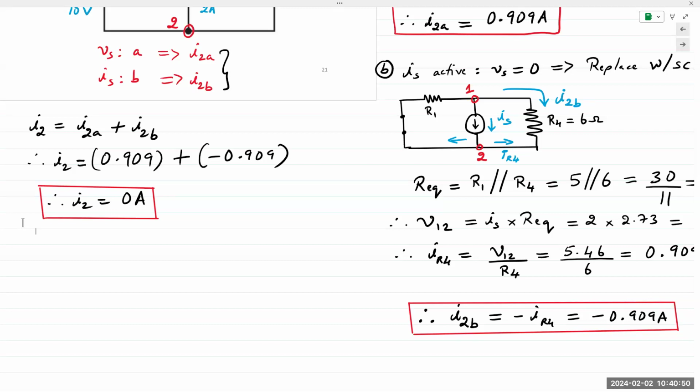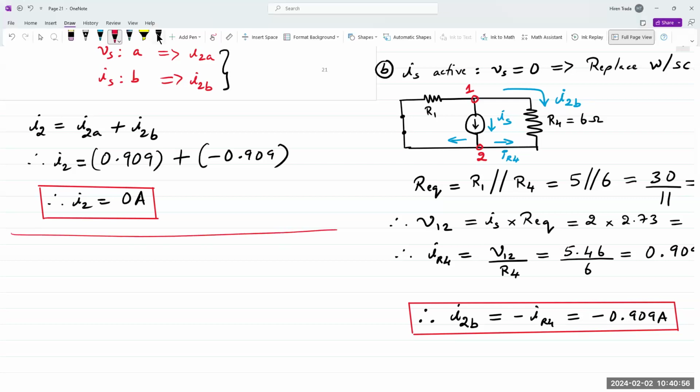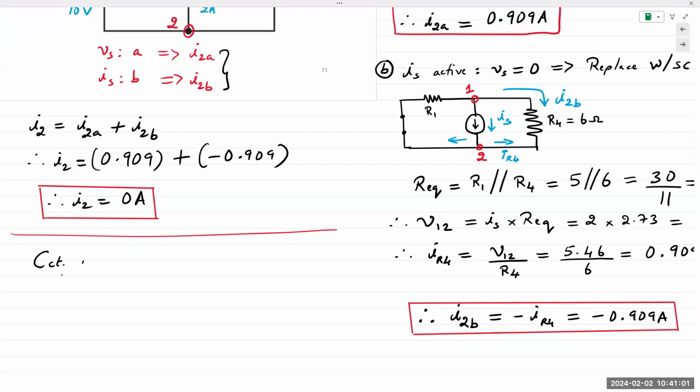All right, one final thing to show was the current division. So if I was to solve I2B using current division, I could simply write I2B is minus IR4, so it will be minus IS.